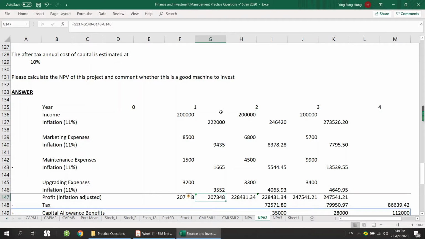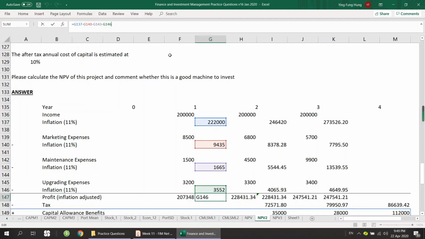Another thing that we can do to get the answer is that after calculating the income and the expenses with adjusting the inflation rate, then we can just take the sum, which is this 222,000 from the inflation adjusted income minus this 9.435 thousand, that is inflation adjusted marketing expenses for the first year, and then minus this 1.665 thousand from the inflation adjusted maintenance expenses in the first year, and then minus this 3.552 thousand, which is the inflation adjusted upgrading expenses in the first year.